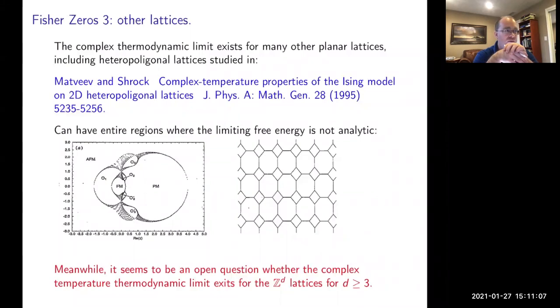Now, if you use free boundary conditions with a magnetic field, there's a kind of trivial dependence, namely what your external field is on the boundary, because that will bias the system, below the critical temperature, to have a magnetization up or down. But that's a trivial kind of dependence. Aside from that, it should not depend on the boundary conditions.